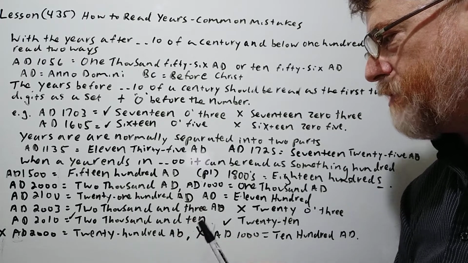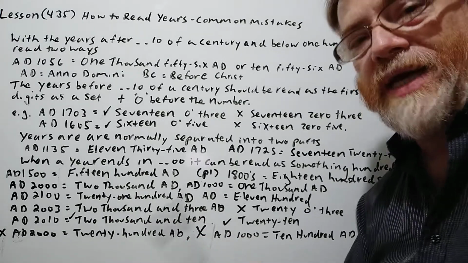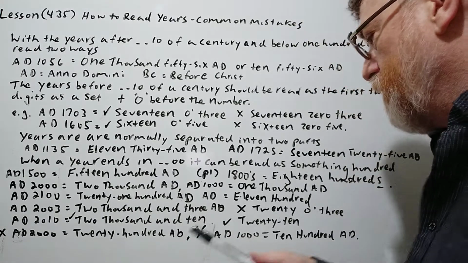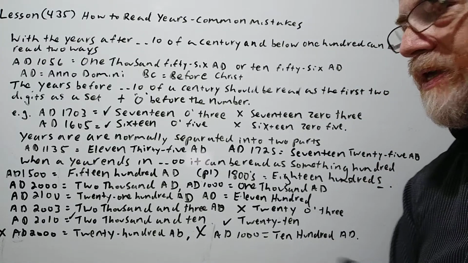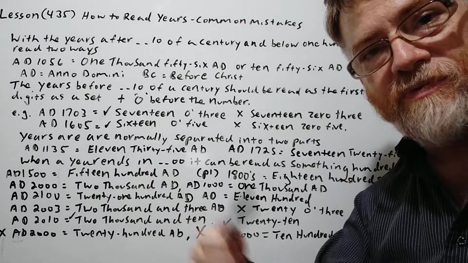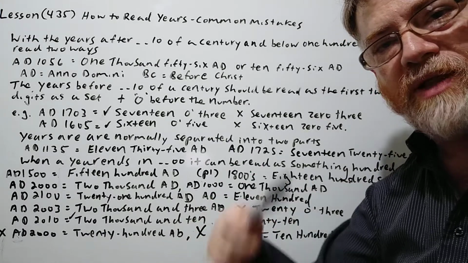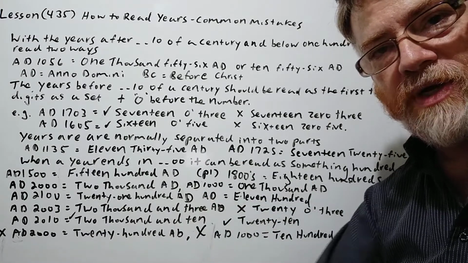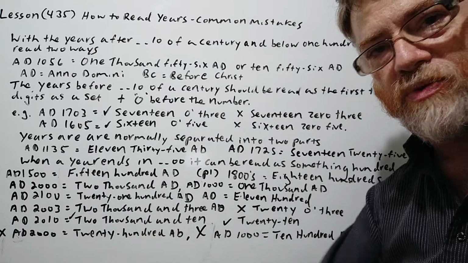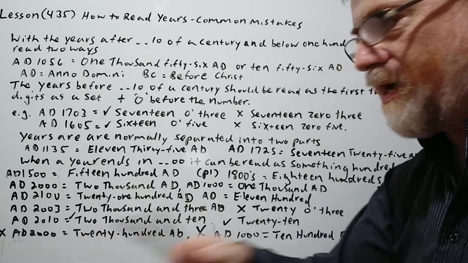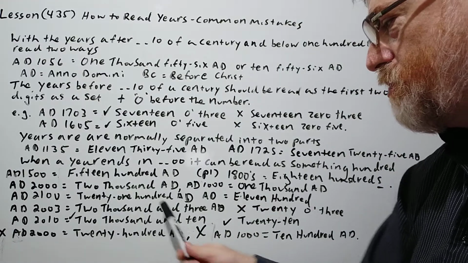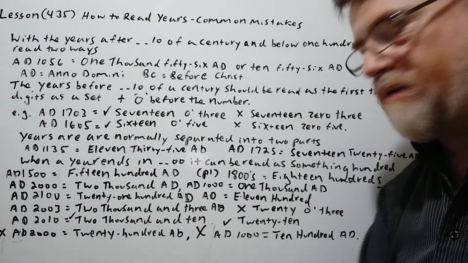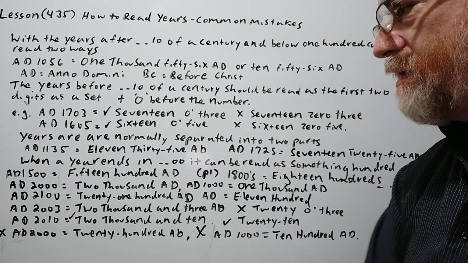So two thousand and three, two thousand and eight, two thousand and nine, all of those. So you don't read it as twenty oh three. That would be wrong. But we do read the ones below, like eighteen oh three, seventeen oh three, sixteen oh three, but not like this. When it's a new thousand below 100, you read it as two thousand and then the number.